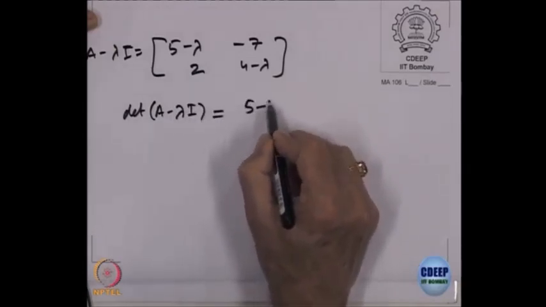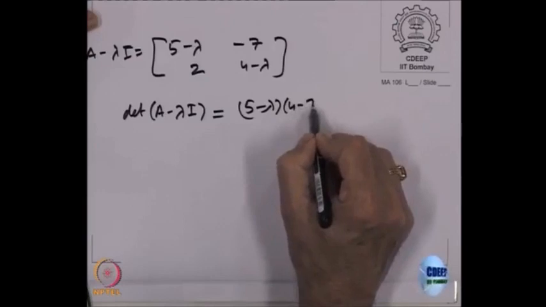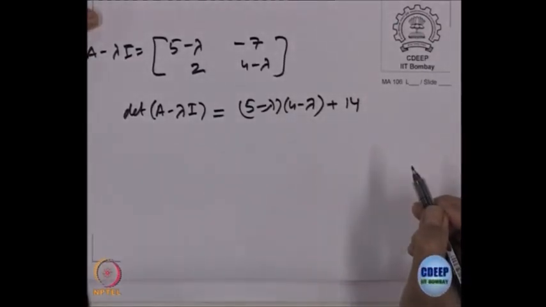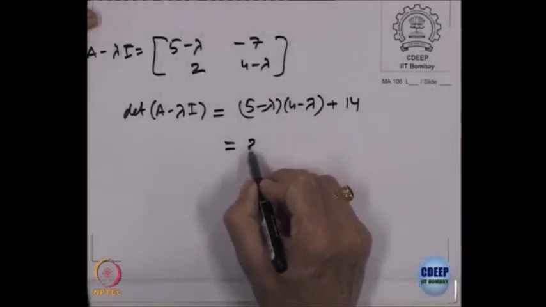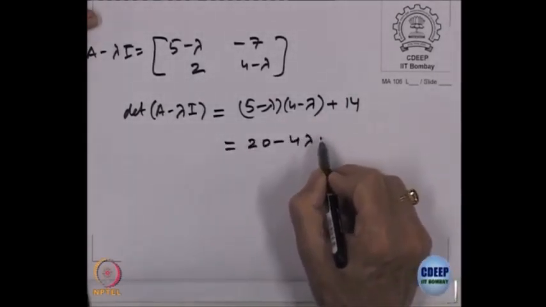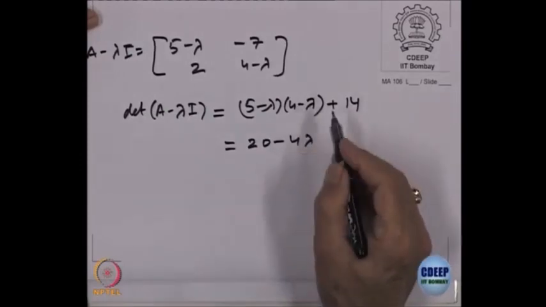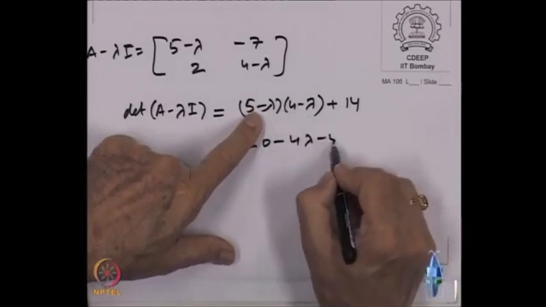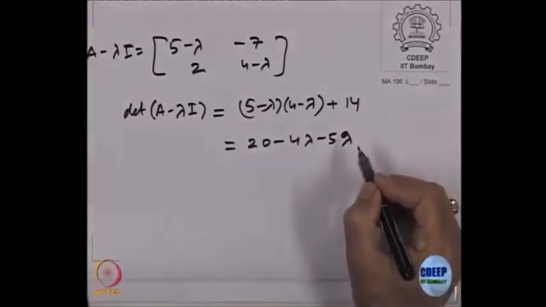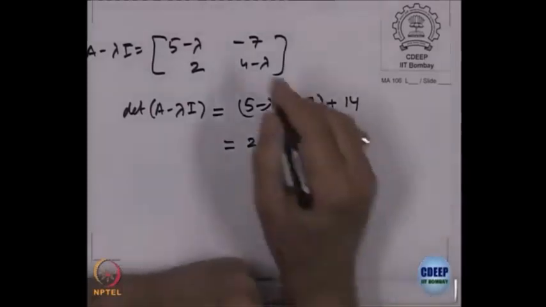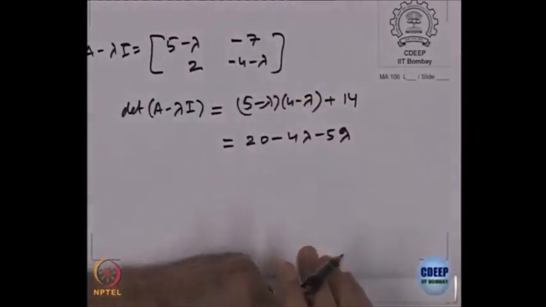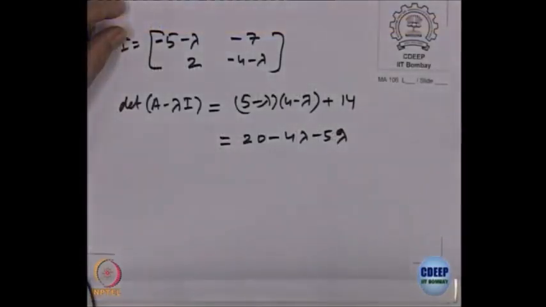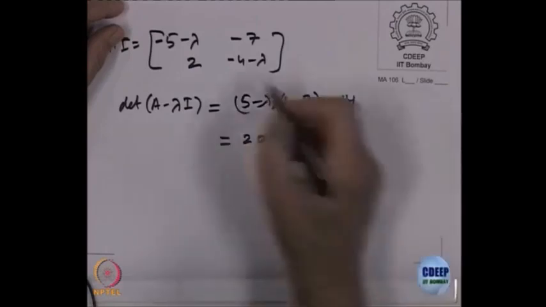That is (5 minus lambda)(4 minus lambda) plus 14. Let us compute: 20 minus 4 lambda minus 5 lambda. I think there is a minus 4 here in the matrix, yes. Minus 5, minus 7, so there is a minus here, that is plus 4 as it is.